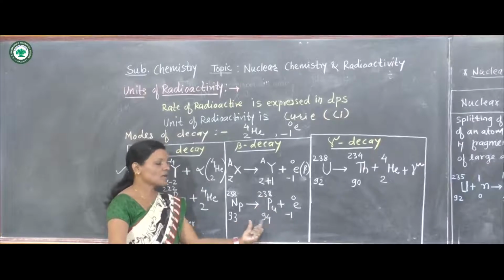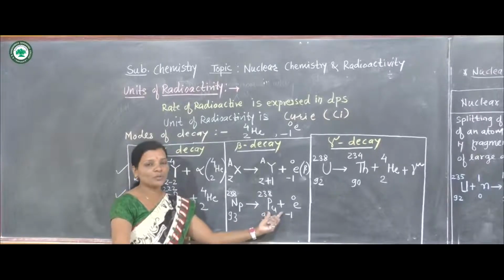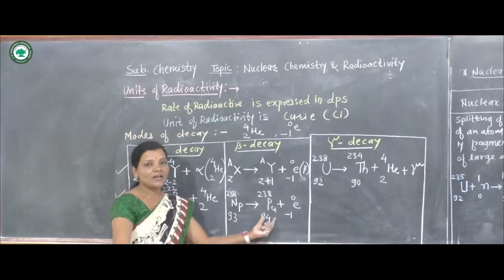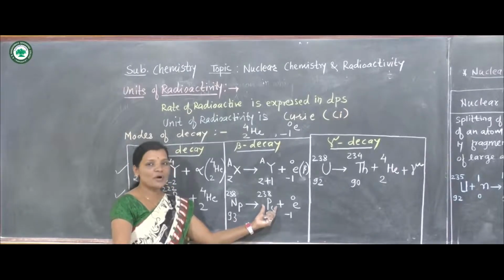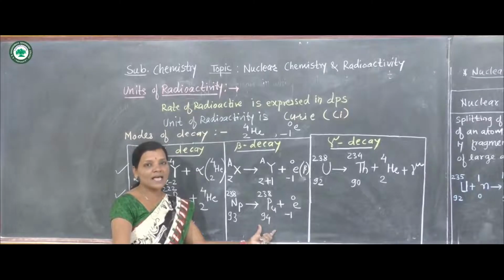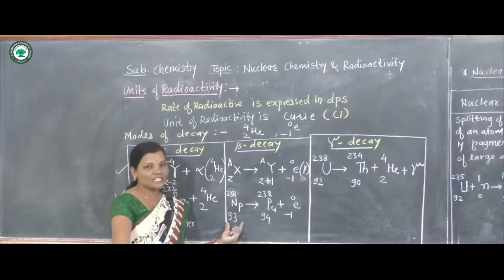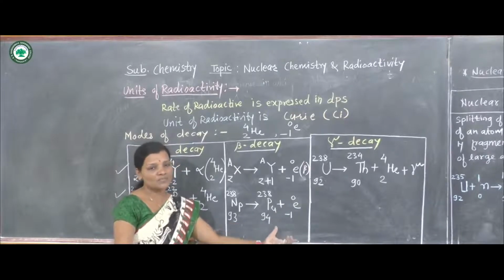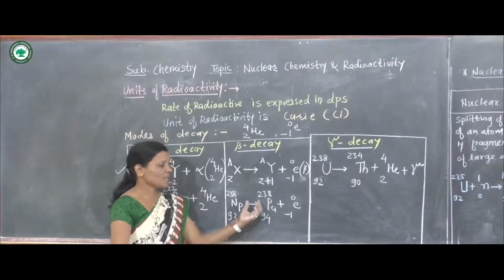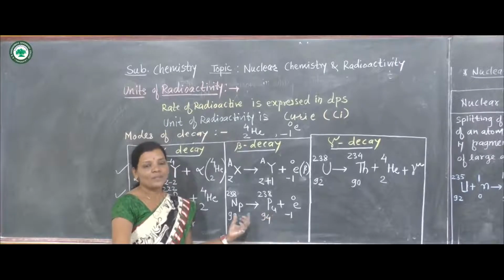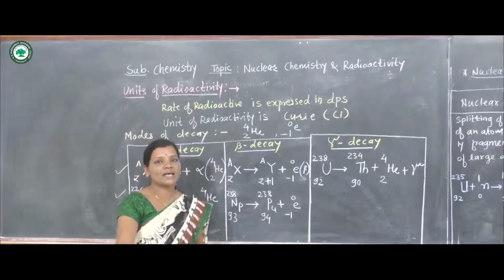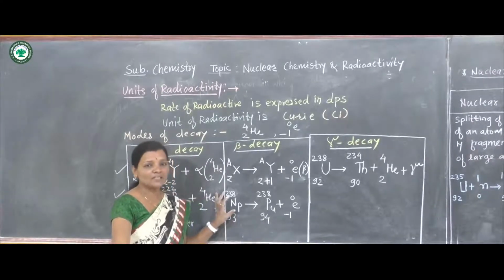If we observe the atomic numbers, neptunium has atomic number 93, and the daughter element plutonium formed has an atomic number greater by 1 than the parent element neptunium, because of the emission of a beta particle. So by the emission of a beta particle, when a parent nucleus forms a daughter nucleus, the daughter nucleus has an atomic number greater by 1 than that of the parent nucleus.